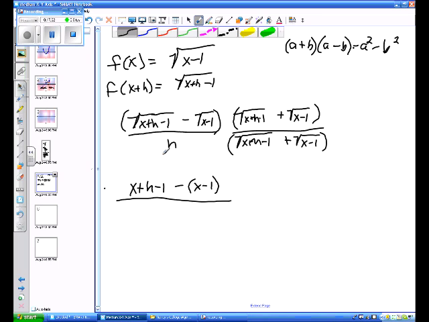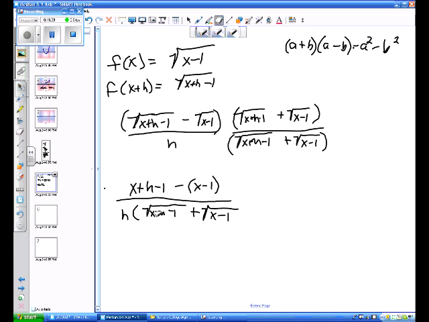Now, for the denominator, I'm not going to distribute. I'm going to leave this written as h times the square root of x plus h minus 1 plus the square root of x minus 1. Make that a little bit clearer.